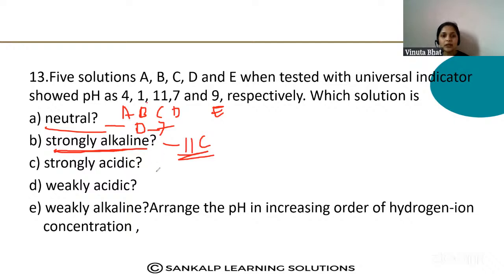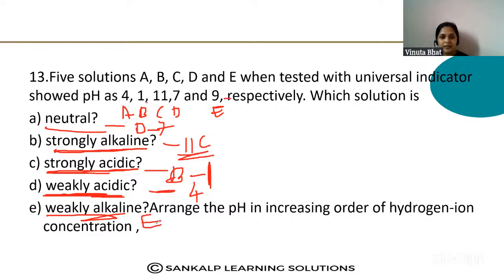The strongly acidic one is B, which has pH 1. Weakly acidic is 4 compared to these five. And weakly alkaline is 9, that is E.